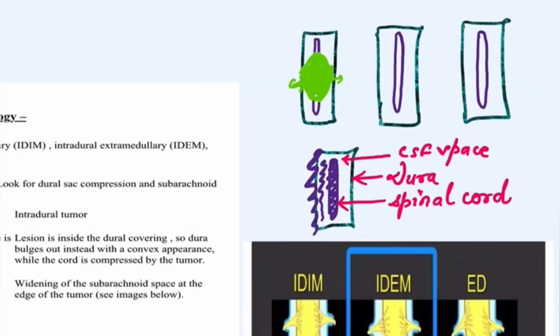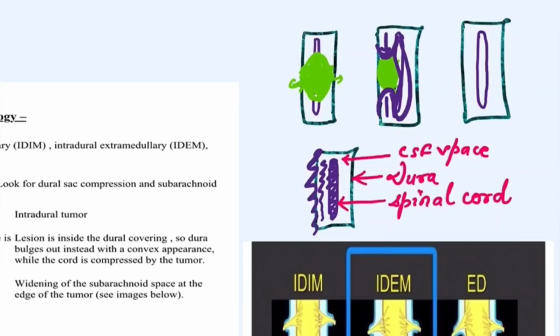Now, whenever the tumor is intradural but extramedullary, the tumor is lying somewhere here. This tumor is intradural definitely, but extramedullary. It is causing extrinsic compression over the spinal cord, and it may cause lateral displacement or deviation of the spinal cord. And as you can see, the subarachnoid space is widened.